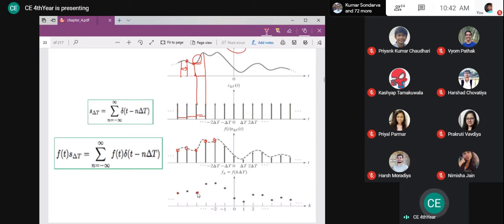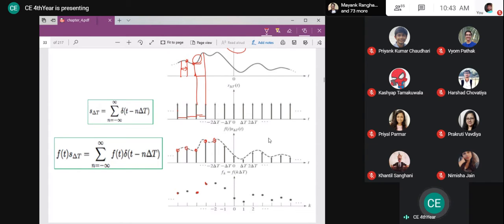This is the shifting property again, because the impulse train is nothing but multiple impulses. So the shifting property that applied to one impulse is now applicable to all the impulses, right?